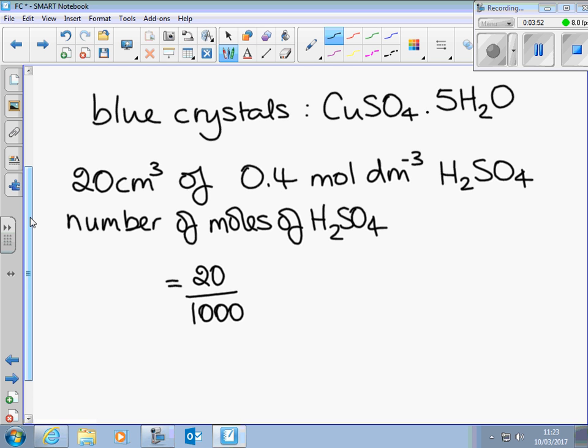So we're using 20 1,000ths of the 0.4. So this is how many moles of acid we're using. All right, if we used a whole litre, a whole decimetre cubed, we'd be using 0.4 moles. We're not. We're only using 20 1,000ths of that. Does that make sense so far?